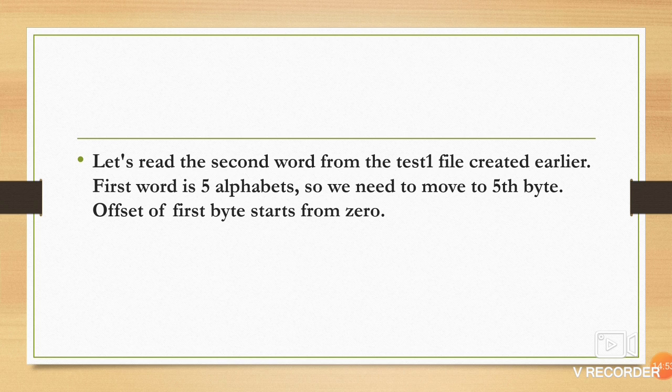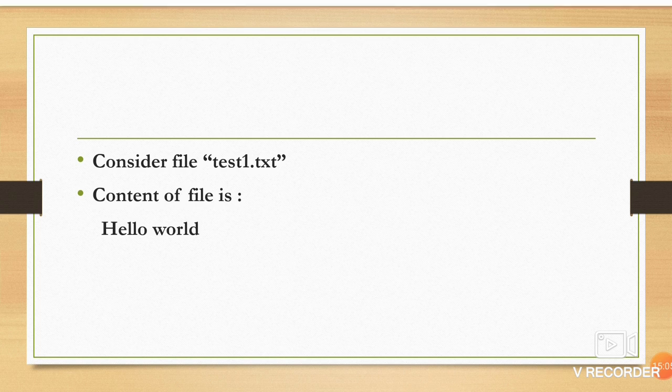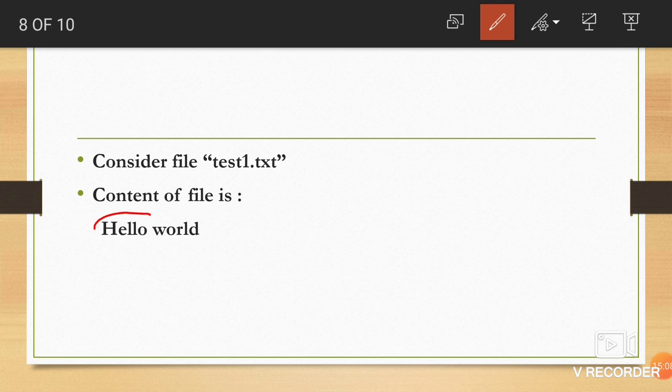Now I want to read the second word. Okay. First word is 5 alphabets. See, these are the 5 alphabets: 1 2 3 4 5. Hello is 5 alphabets, and it will start from the beginning of the file, which starts from 0.